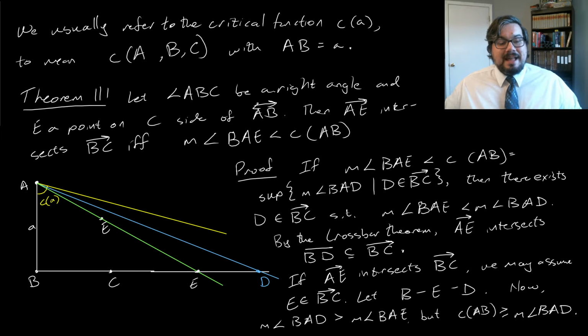So that tells us that Theorem 111 holds: the ray forming the angle with an angle measure of the critical function does not intersect the ray BC, but it's sort of the closest one that does. Any ray that's in the interior of that will intersect the ray BC.